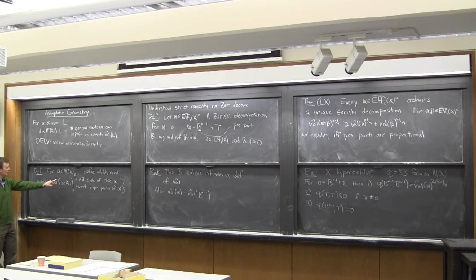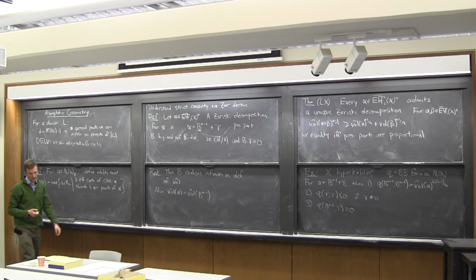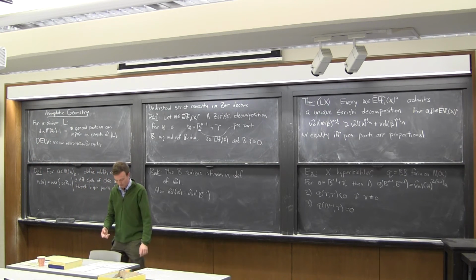We're asking, if you look at cycles of this class, how many general points can we put it through? And this is supposed to be an analog of H0. And maybe one of the takeaways from the talk, if you don't remember anything else, is that this works way better than it seems to have any right to. So you seem to get an interesting theory by systematically doing this.